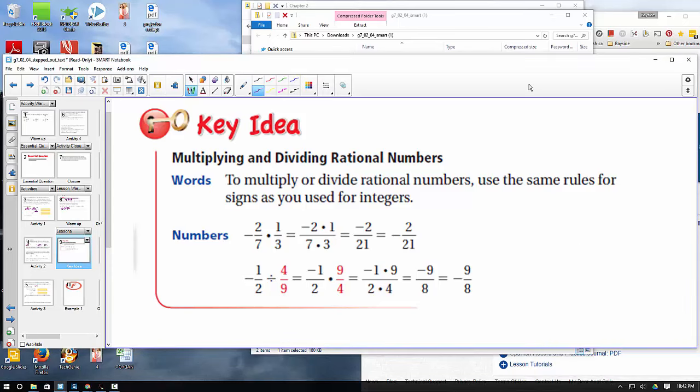The other way to think about this is I can write this down as negative 1/2 over 4/9. Looks confusing, but check this out. I want to make this equal to 1 at the bottom. We're not used to seeing this complex fraction. So I multiply this side here by 9 over 4. We call it the multiplicative inverse.